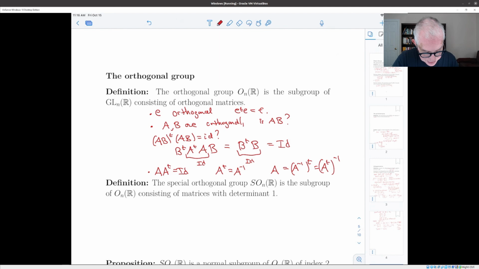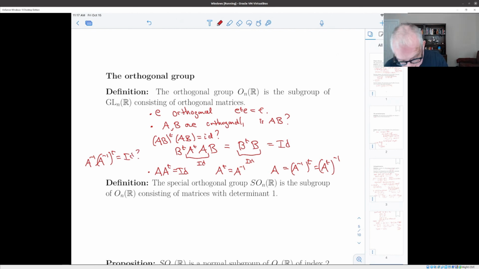And so you see that, if we want to know if the inverse is orthogonal, we need to know: is it true that A inverse times A inverse transpose is the identity?